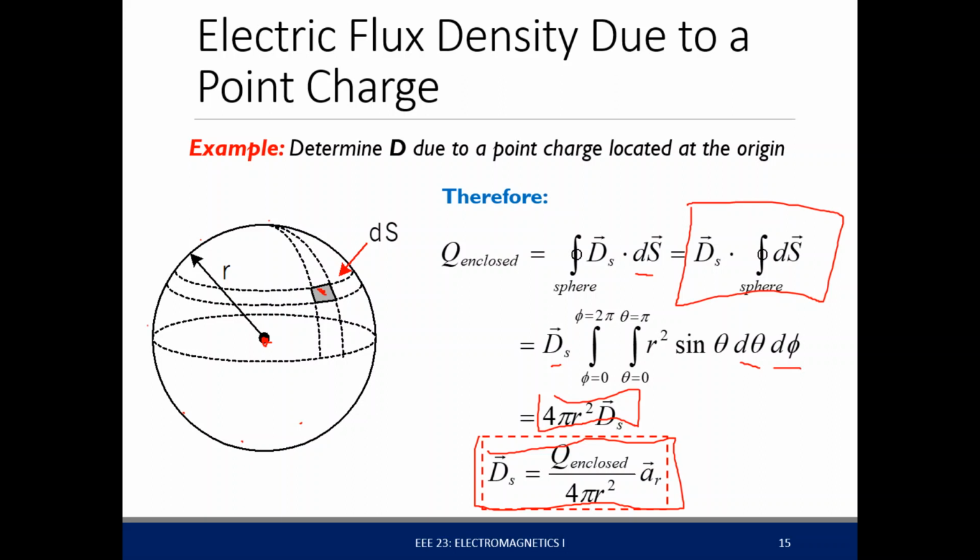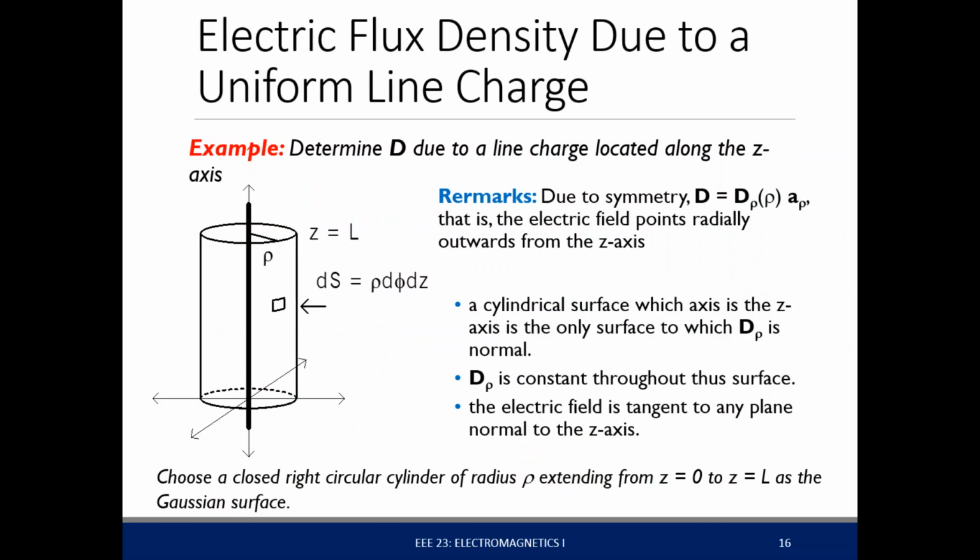Okay? So now let's look at the flux density due to a uniform line charge. Due to symmetry, the electric field is always radially outward. So we expect the electric field to always be radially outward, something like this. So the Gaussian surface that fits that description is actually a cylinder.